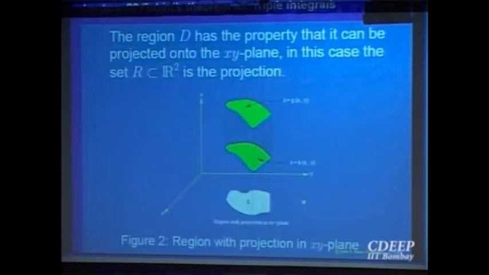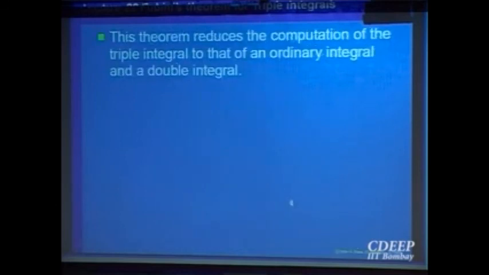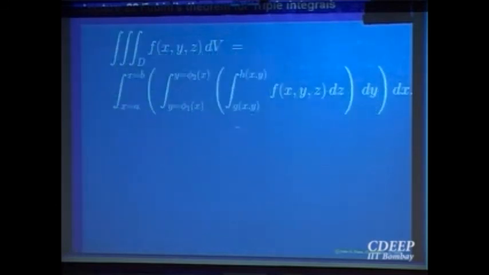So this is what the picture looks like. This is a domain, projection is R, for every point here that is the height. So this is the top surface, this is the bottom surface. And it says that you can write your triple integral as this also. In case that region R is of type 1, x goes between a and b, y goes from phi 1 of x to phi 2 of x, and z goes from g(x,y) to h(x,y), right?